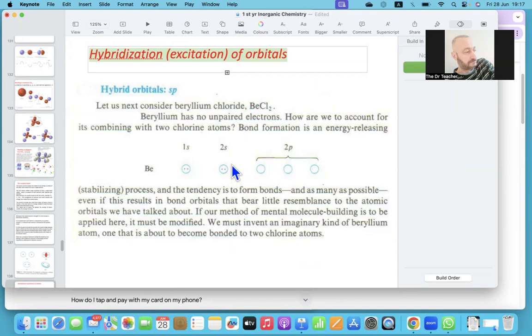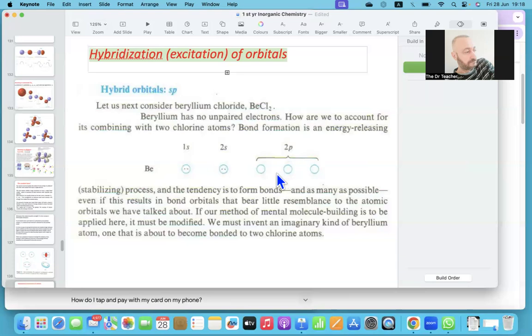The second main shell consists of two sub-orbitals, s and p. So 2s and 2p. Once we start, we have electrons in 2s, and we have to leave the 2p empty.